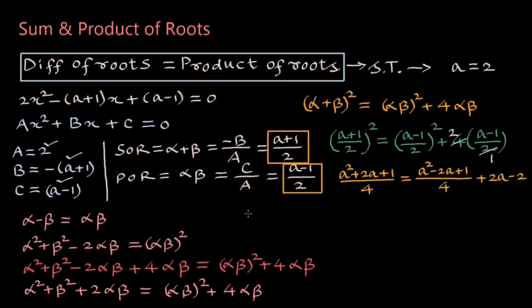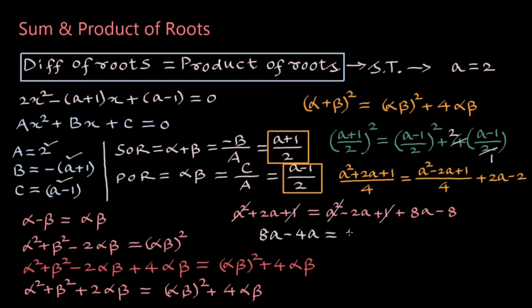Multiplying throughout by 4, plus 8a minus 8, cancelling a square plus 1 from both sides, this will be 8a minus 4a equals 8, 4a equals 8, a equals 2. This is what we have to prove, a equals 2.